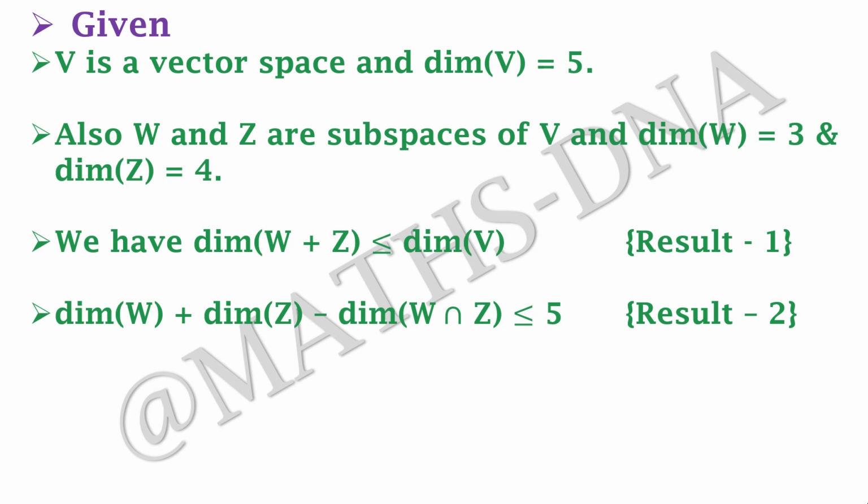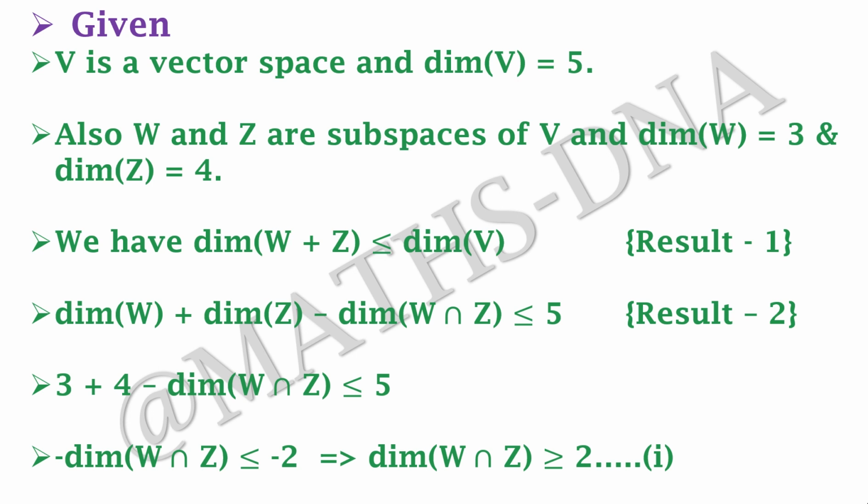Putting the values, we get 3 plus 4 minus dimension of W intersection Z is less than or equal to 5. Simplifying, minus dimension of W intersection Z is less than or equal to minus 2, which implies that dimension of W intersection Z is greater than or equal to 2. Call this equation number 1.